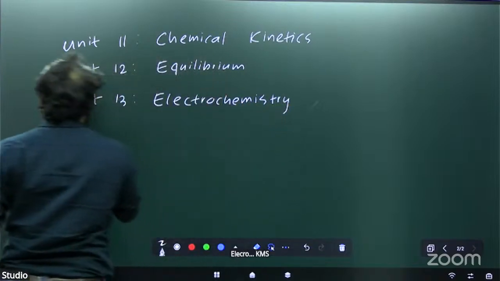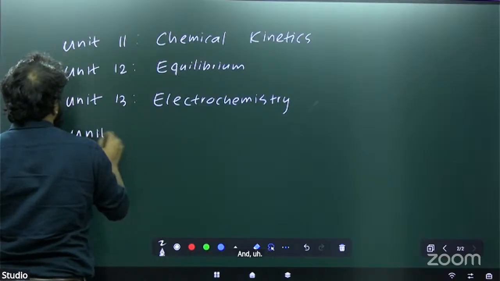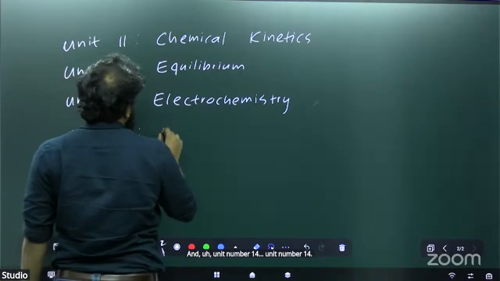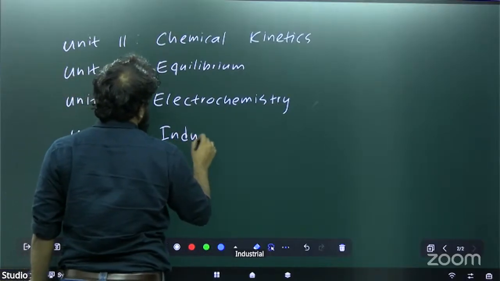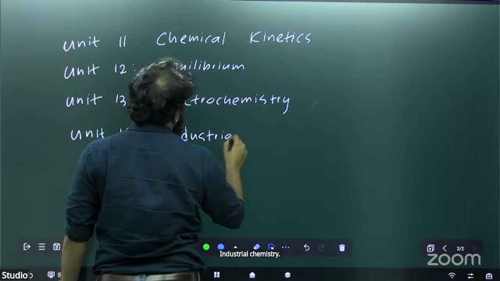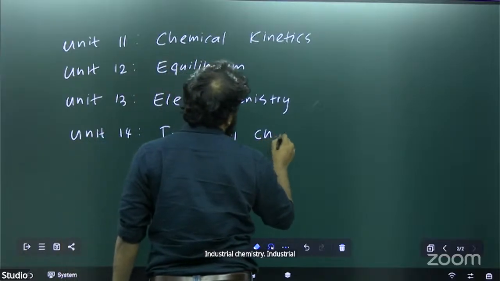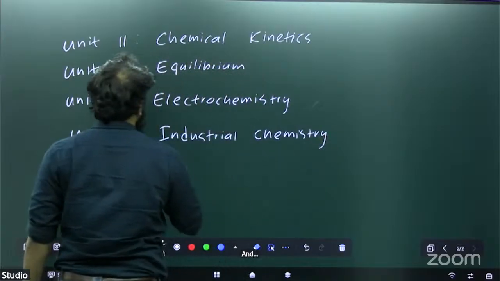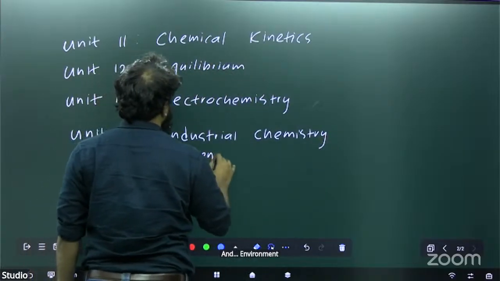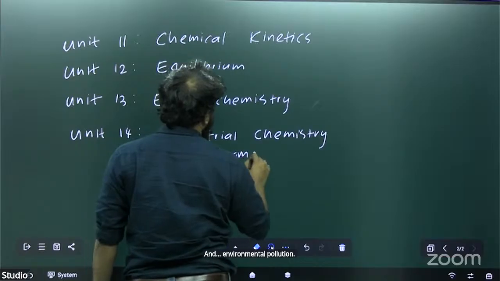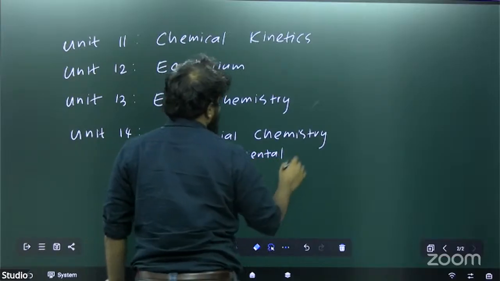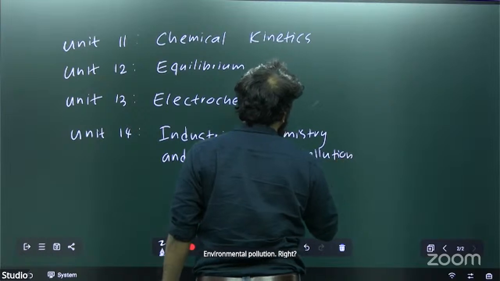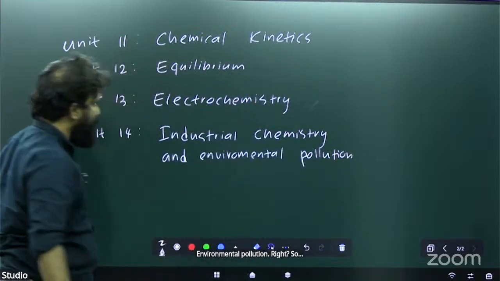Unit number 14 is industrial chemistry and environmental pollution.